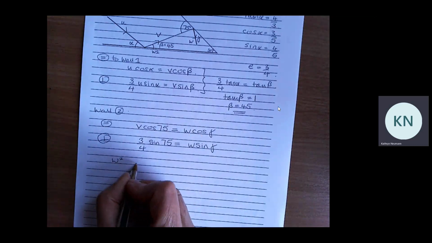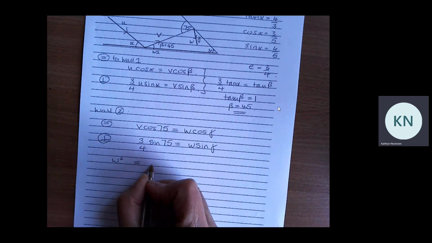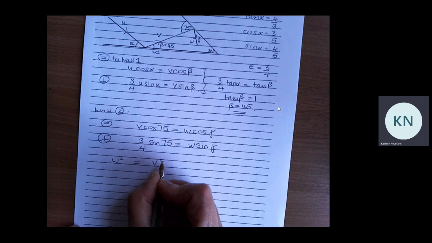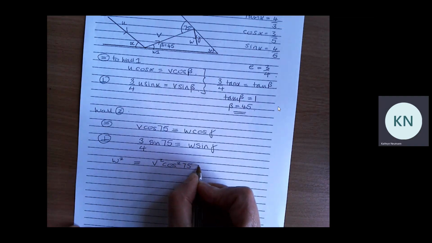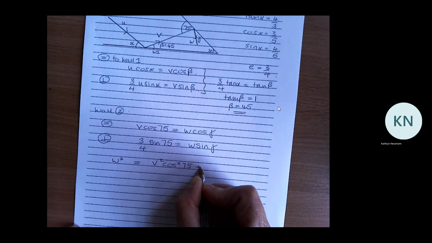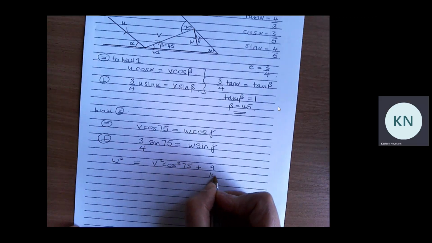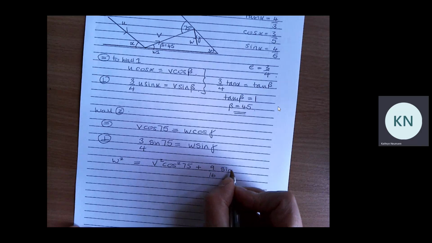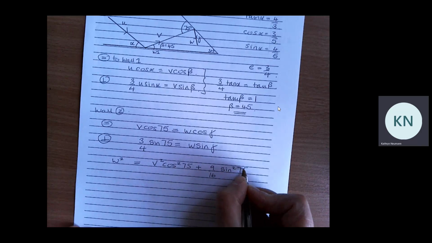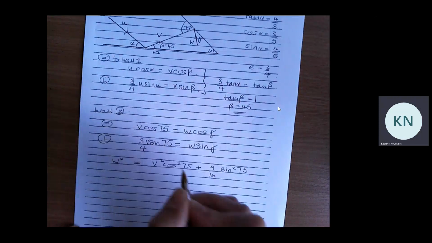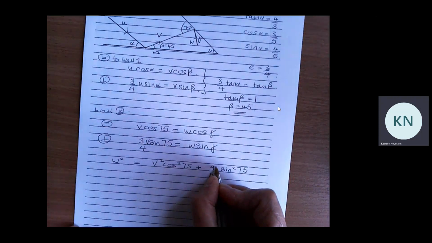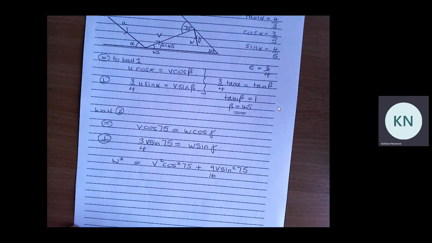I'm not going to write that little bit out because we know that's going to be equal to 1, is equal to V squared cos squared 75 plus 9/16 sine squared of 75. Should have been a V in there, I beg your pardon. So V in that equation as well.